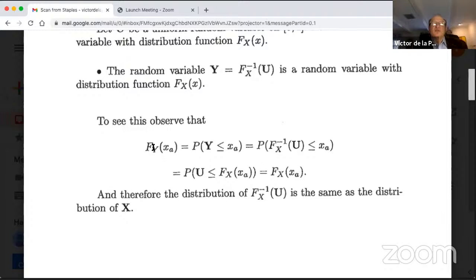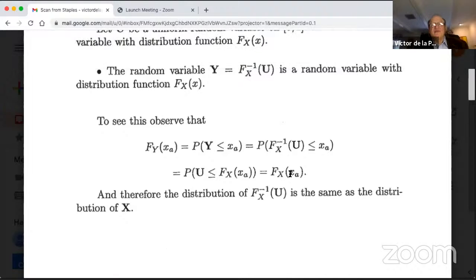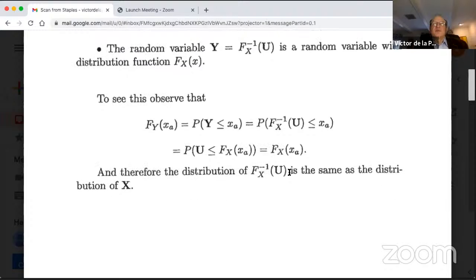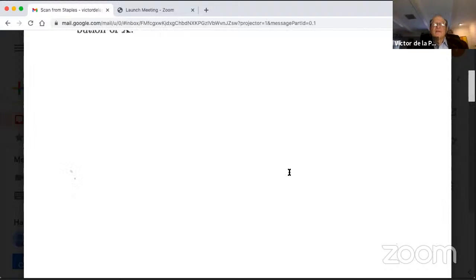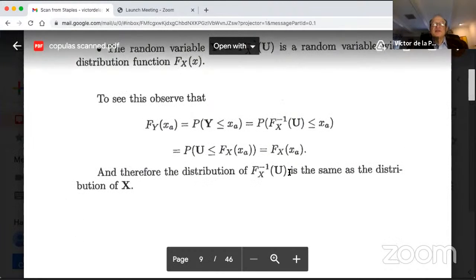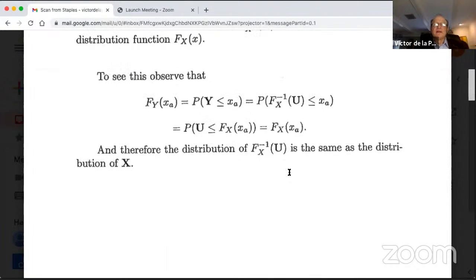That means that the cumulative distribution function of the random variable y is F x. So from this method, you can generate any distribution function that you want from a random number generator of uniform variables. Now, this is very important in the context of copulas, as you will see.